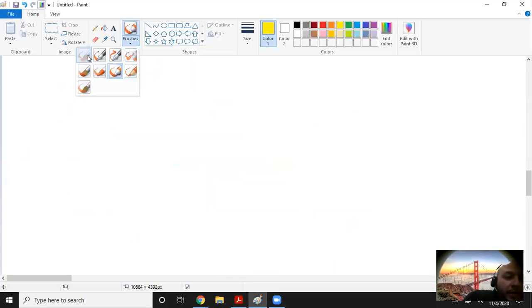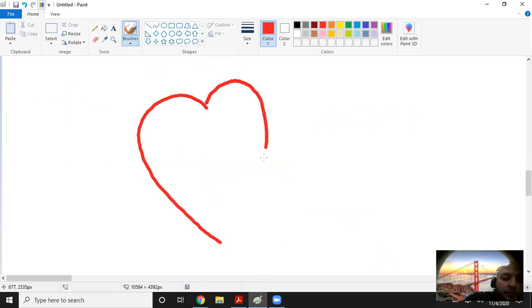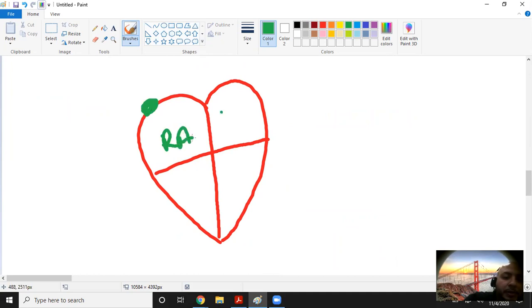Well, if I were to draw my heart here, like so, I'm sure you remember that we have our SA node up here in the right atrium. There's the left atrium, right ventricle, left ventricle. We have our AV node right here.